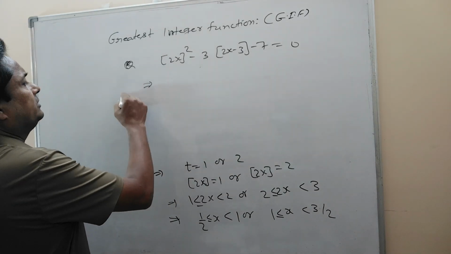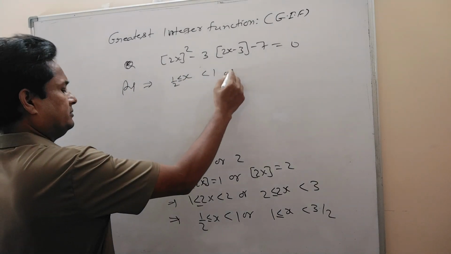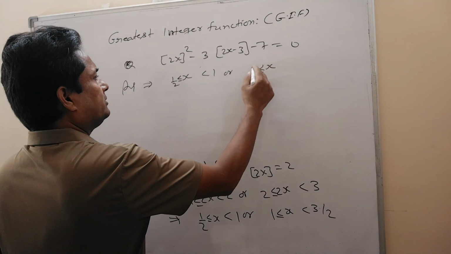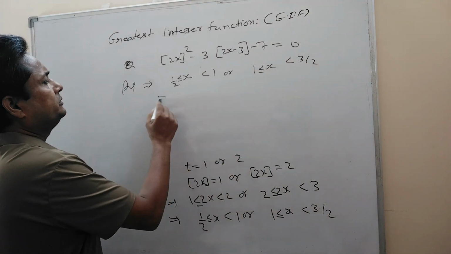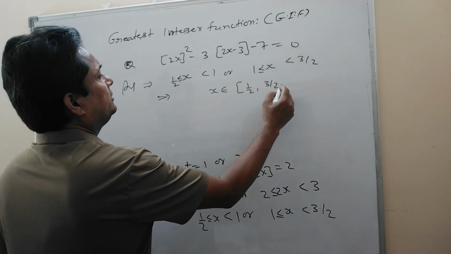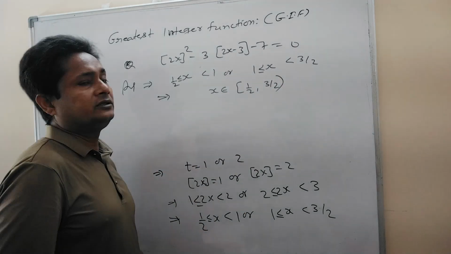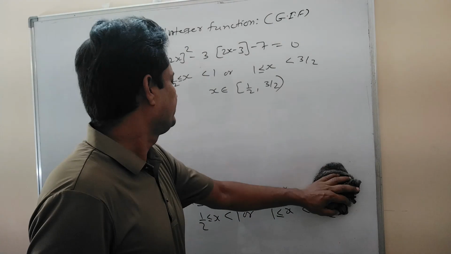So the final answer is x greater than or equal to half and less than 1, or x greater than or equal to 1 and less than 3 by 2. If you take the union, you can write your answer as half to 3 by 2. This is your final answer if you want to write it in interval form.